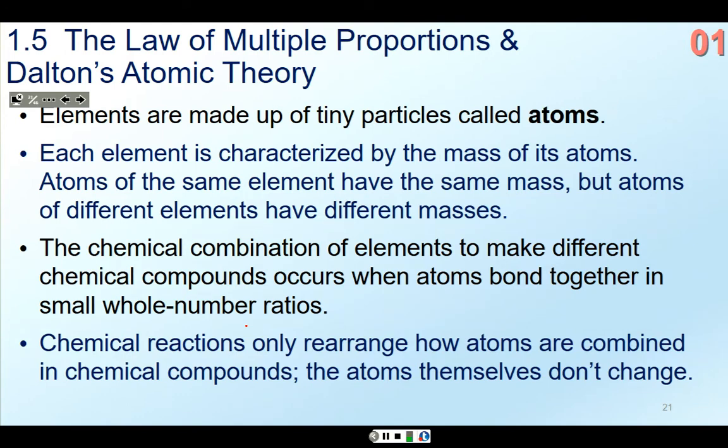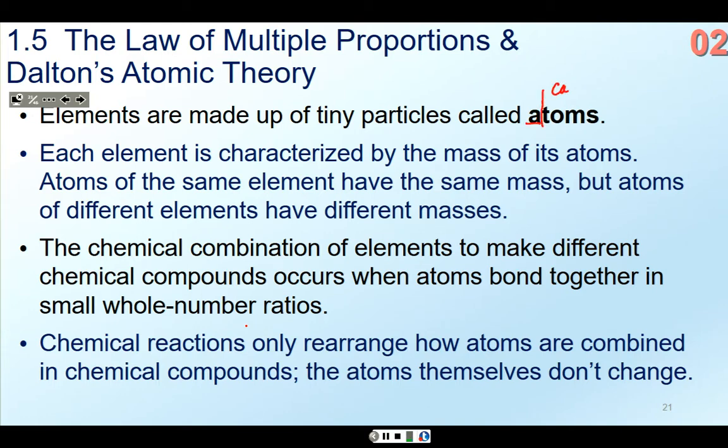The rest of this discussion requires a little bit of discussion about Dalton's atomic theory. These are the things that Dalton came up with in the 1800s that are still largely held today, in spite of his limited information. Elements are made up of tiny, tiny particles called atoms. An atom means you cannot split it.